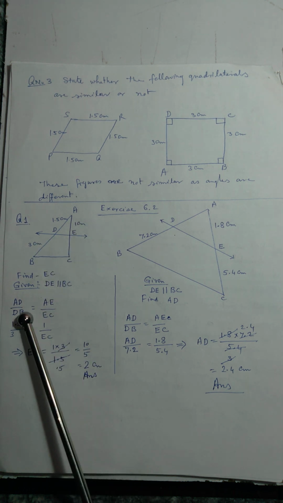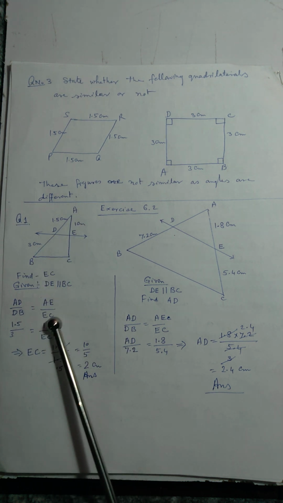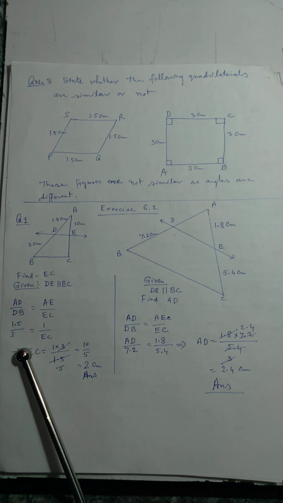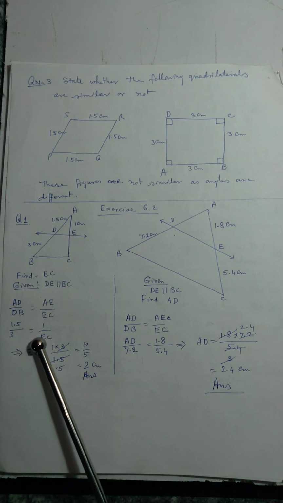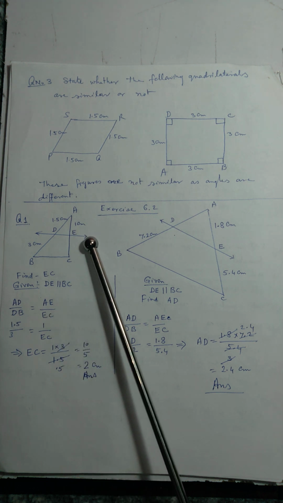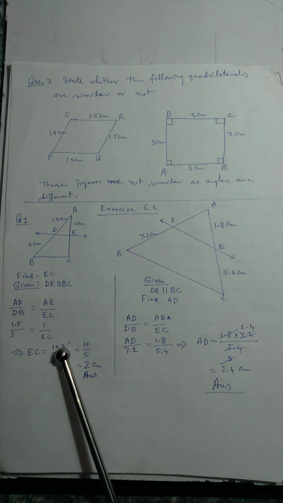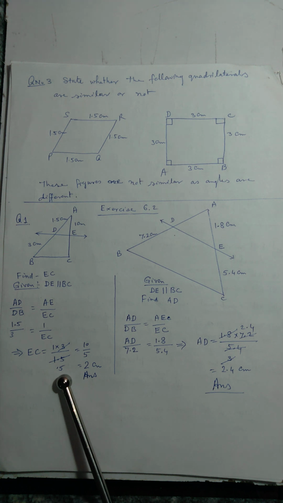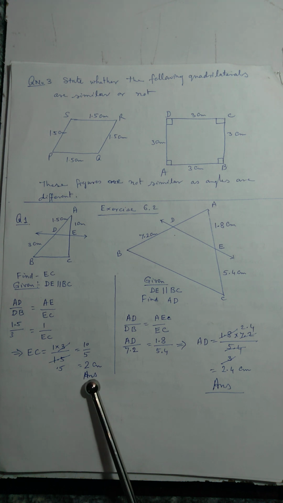So I have written here AD upon DB equal to AE upon EC. AD is 1.5 and DB is 3 centimeters, AE is 1 centimeter, and EC we have to find. Cross multiply it, you will get EC equal to 1 into 3 divided by 1.5. You will get 10 by 5, that is equal to 2 centimeters. This will be the answer.